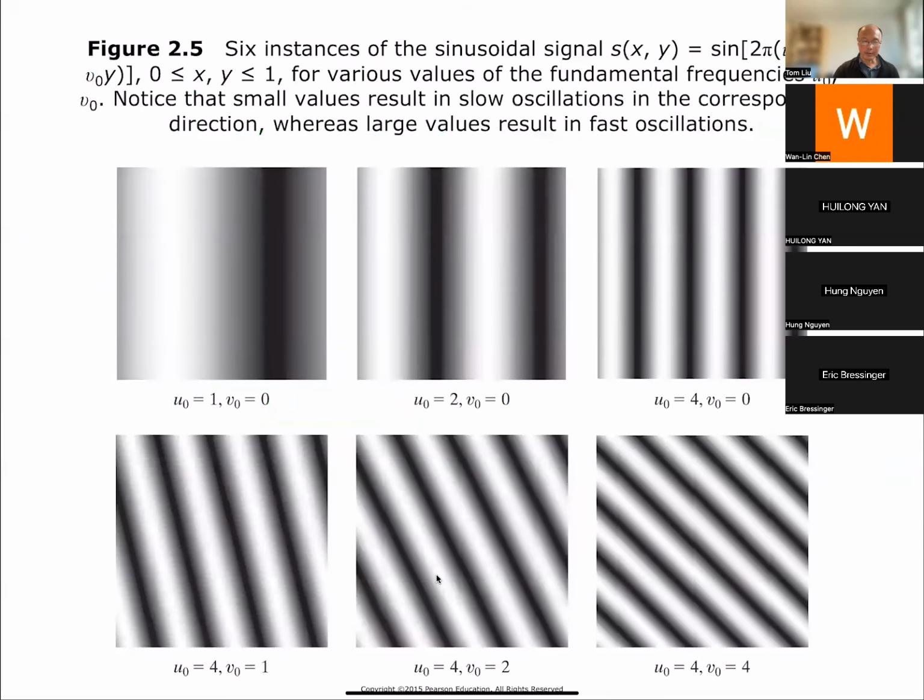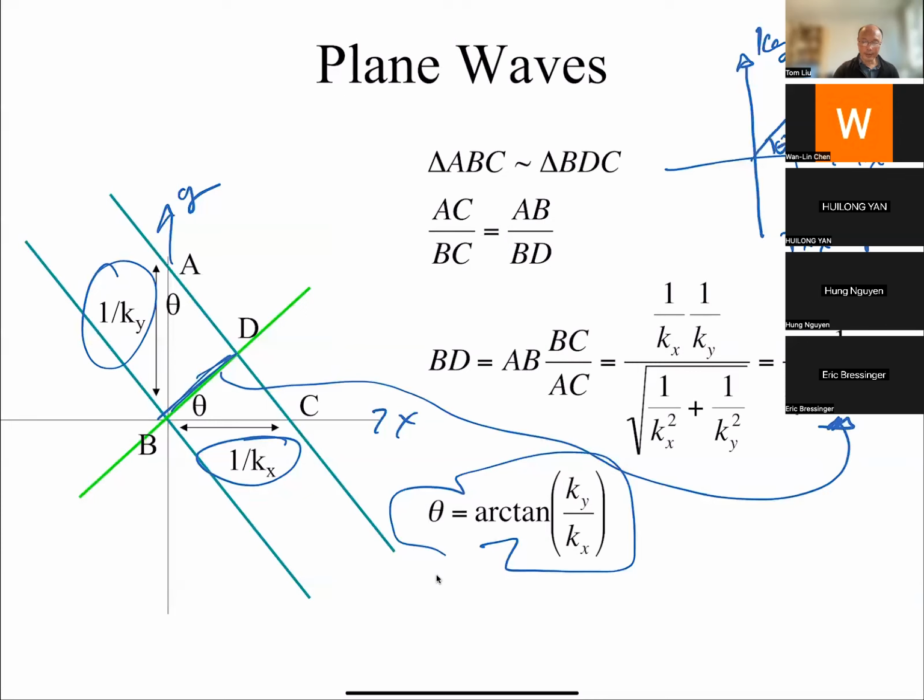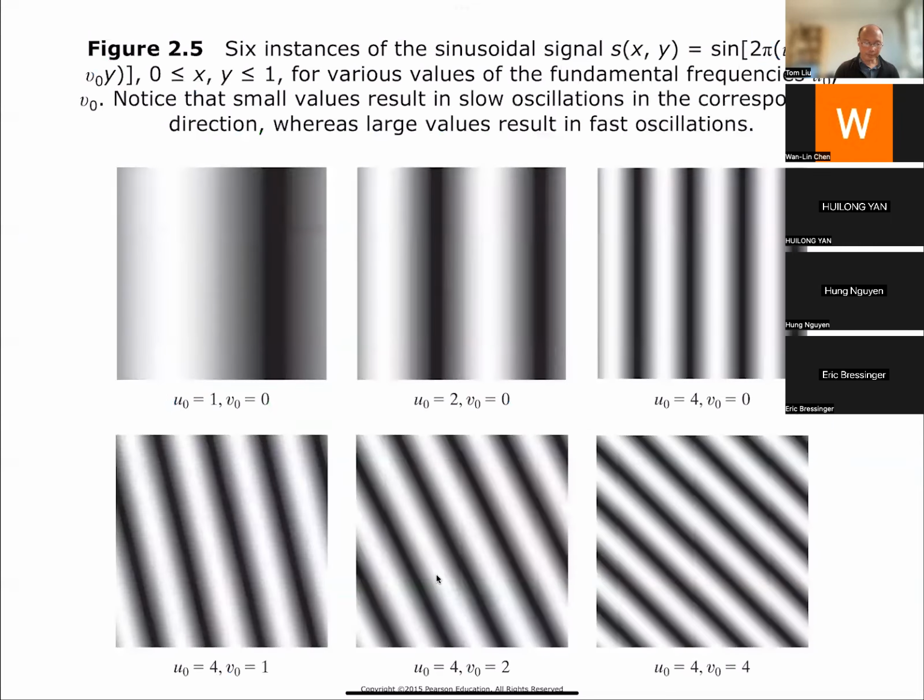And this angle theta tells me the angle at which that wave propagates. That's a useful picture to remember, and we'll look at some examples of that as we move along.